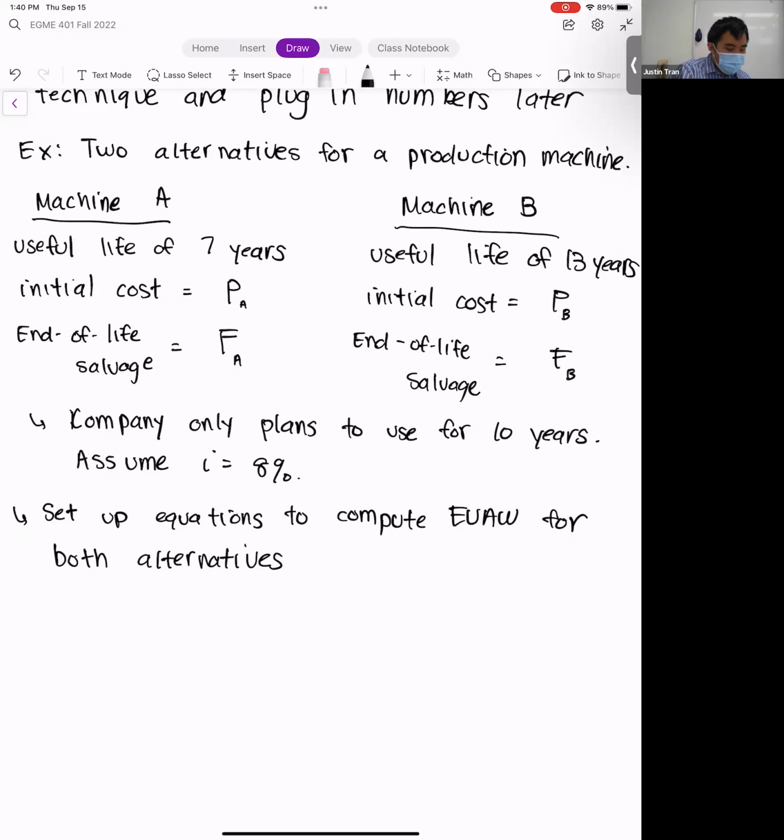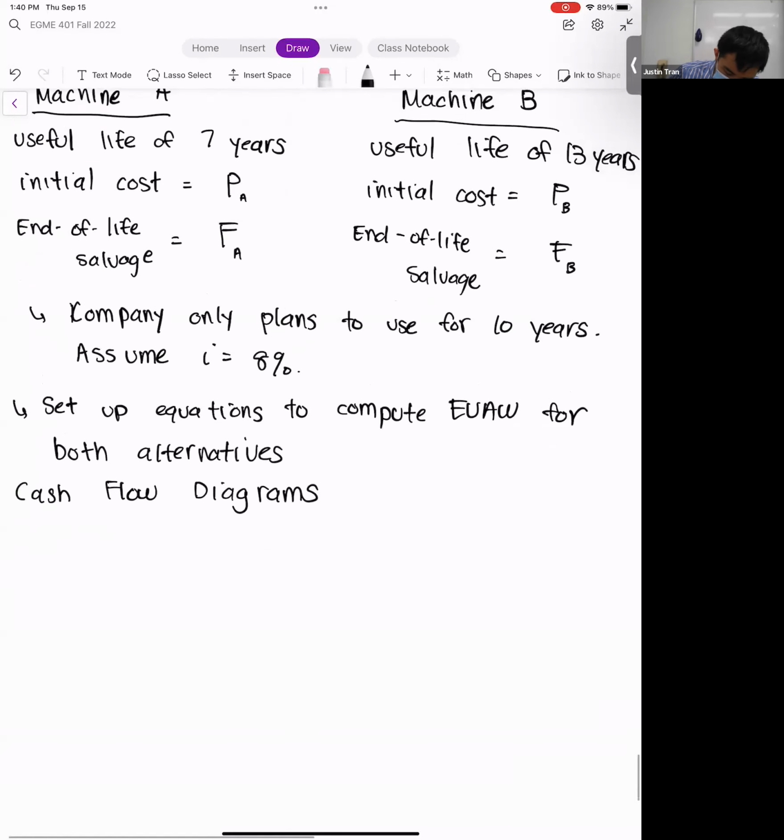All right, so let's go ahead and draw the cash flow diagrams for both of these cases. Okay. All right, so let's do option A first.